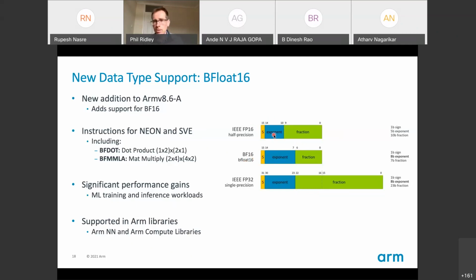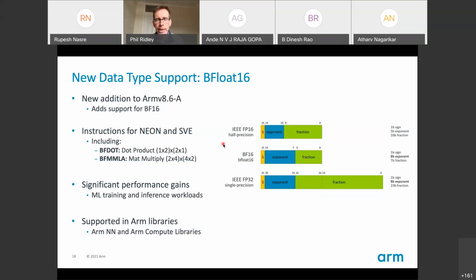So it's really not useful for ML. So this is why the bfloat representation has been introduced. And what we've seen so far is that for architectures that are using this, we have seen good performance gains.